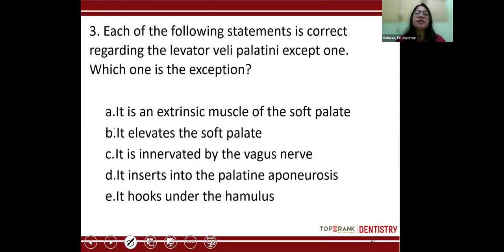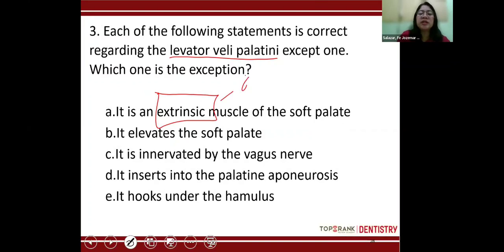Now, number 3, each of the following statements is correct regarding the levator veli palatini except one. Which one is the exception? Let's see. It is an extrinsic muscle of the soft palate. Okay, what does it mean when it's extrinsic?